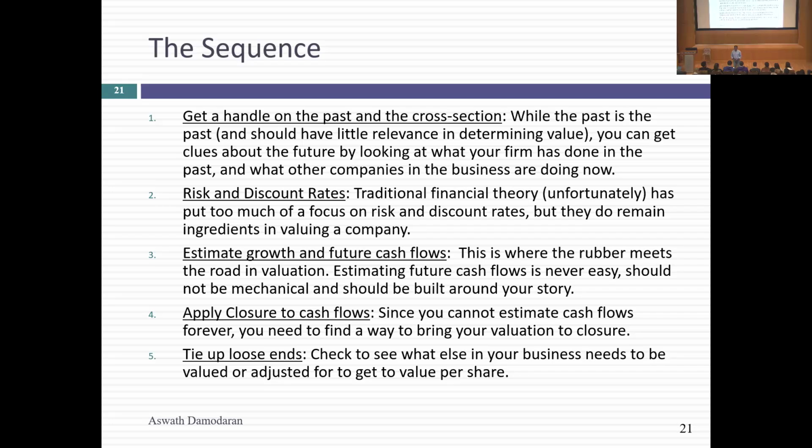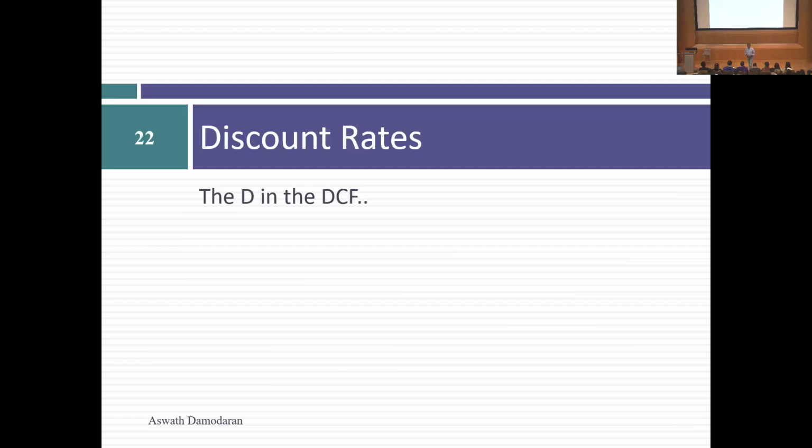Is there something I've missed? And we'll talk about what those loose ends might be. That's the sequence. And to get the sequence started, I want to start the process of talking about discount rates. This is the D in the DCF. So let's get this number nailed down before we go to the CF part of the DCF.